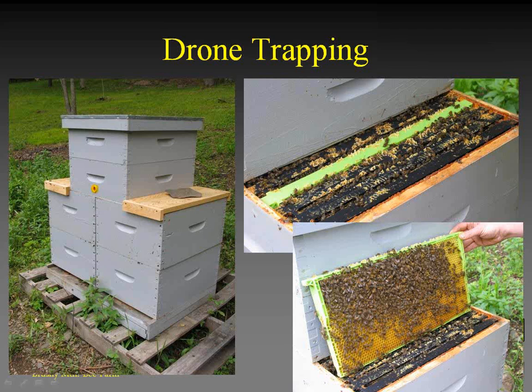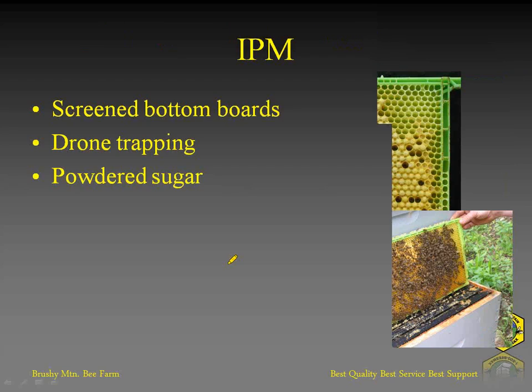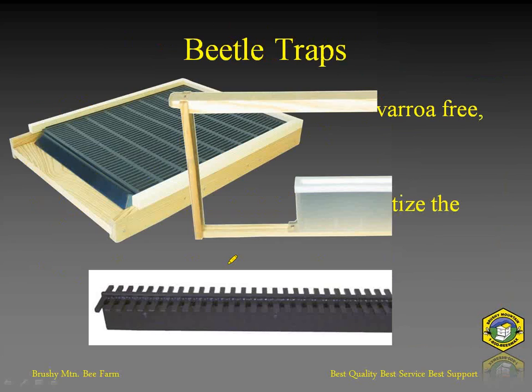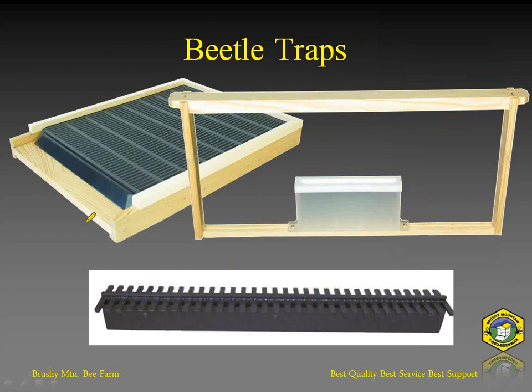Can you show us a beetle trap and how to place it in the hive? I've got these back here. Go back, go back. Oh, there they are. So this is the West beetle trap that goes at the bottom. This is the hood beetle trap that just attaches to a frame, and the frame would just go inside the hive. Unfortunately, I don't have a picture of it in the hive, but it rests right at the top here, between two frames.